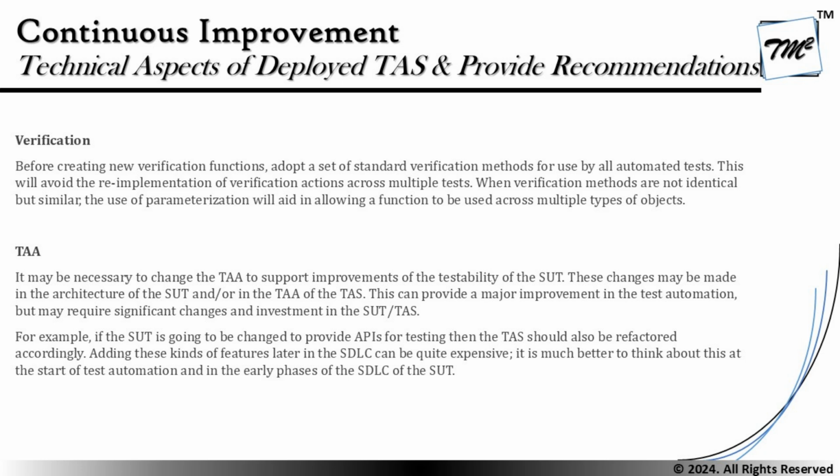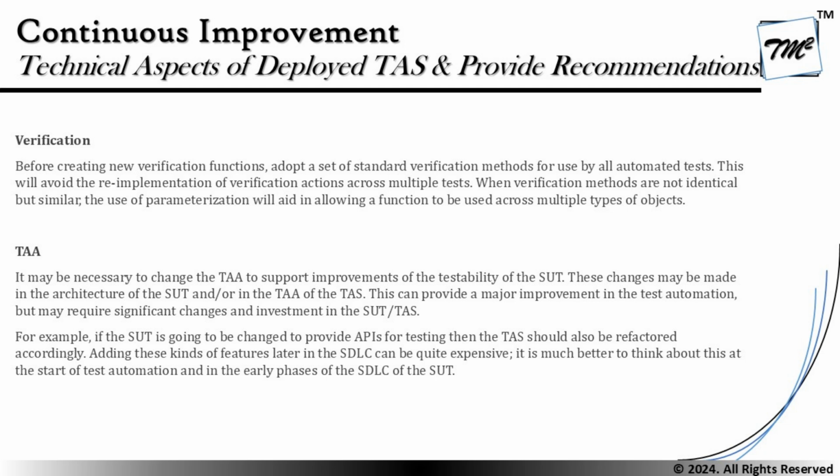It may be necessary to change the test automation architecture to support improvements of the testability. And certainly these changes may be made in the architecture of the SUT and/or the architecture of the TAS. This can provide a major improvement in the test automation, but may require significant changes and investment in the SUT or TAS.